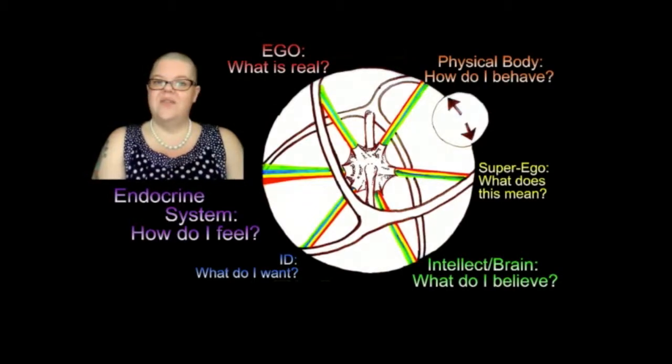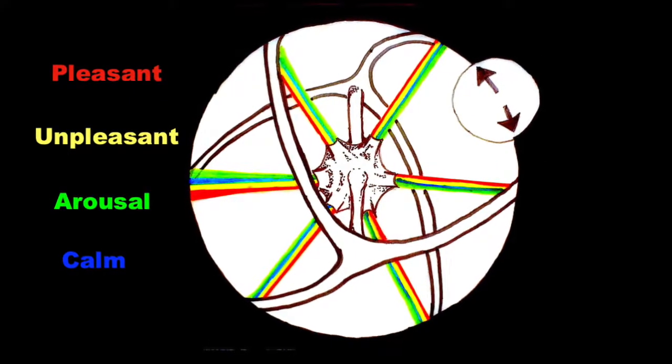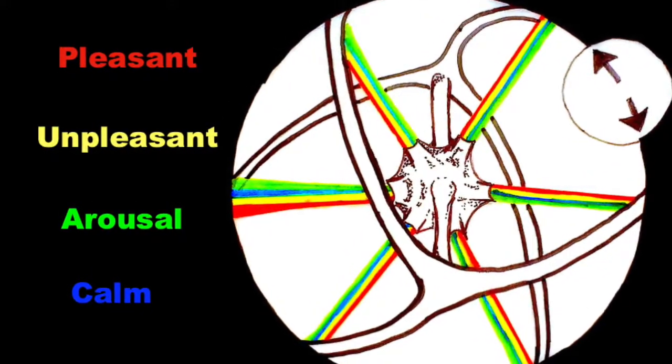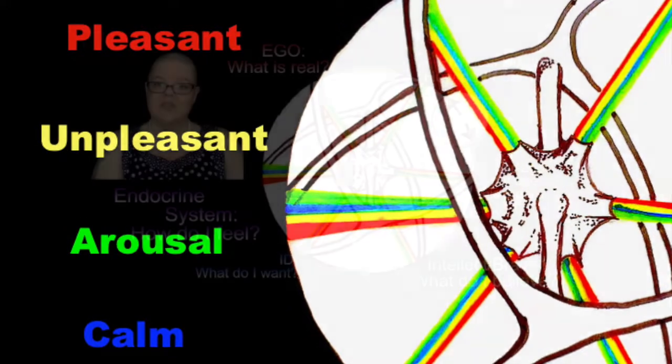So we next visit the endocrine system, which answers, how do I feel? Dr. Barrett gave us the words for emotions, which are being produced somewhere. It is the endocrine system that is in charge of producing those four emotional forces: pleasant, unpleasant, arousal, and calm. That is why it looks thicker coming from that location on this illustration.